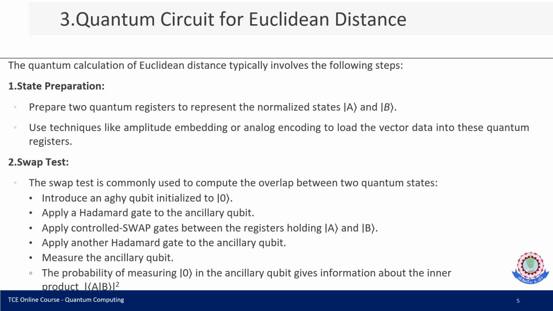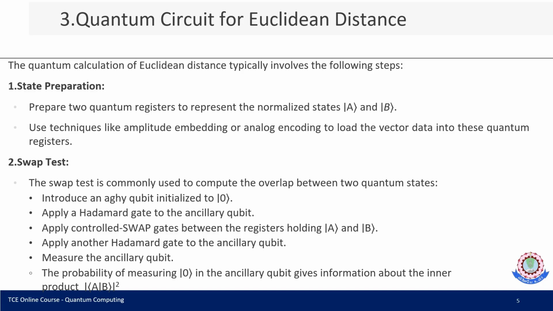The quantum calculation of Euclidean distance typically involves the following steps: state preparation and swap test. In state preparation, prepare two quantum registers to represent the normalized states ket A and ket B. Use techniques like amplitude embedding or angle encoding to load the vector data into these quantum registers. The next is the swap test. The swap test is commonly used to compute the overlap between two quantum states.